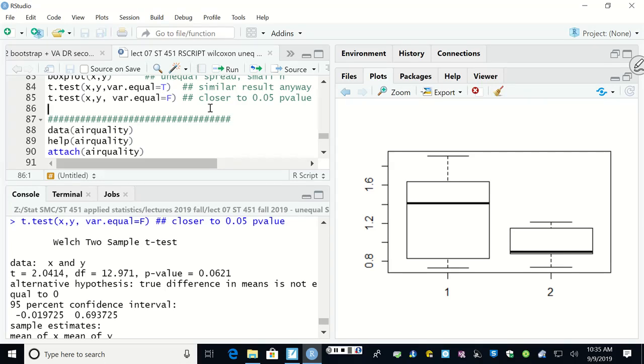Now, does it look like there's going to be a significant difference? I mean, it kind of looks like the medians are different. It looks like there would be something, right? So with this one, you kind of wonder if our sample size is just too small. There is a lot of variability. Different women have this membrane at different thicknesses.